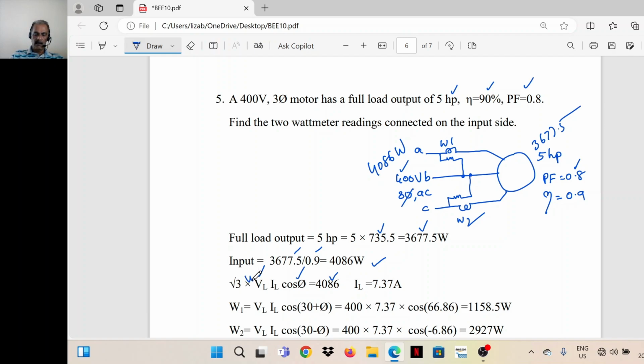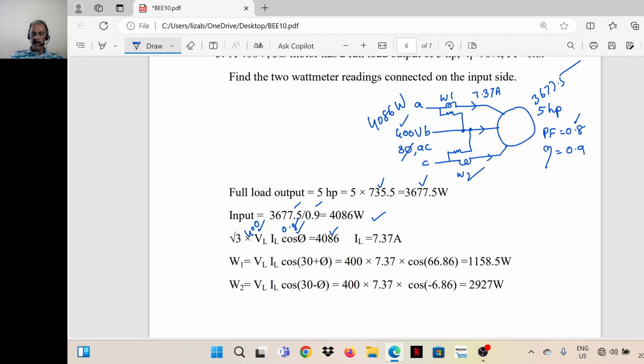VL is 400. Cos phi is 0.8. So IL is 7.37. In all the lines, same current. So now we can find out the wattmeter readings because line current is known.